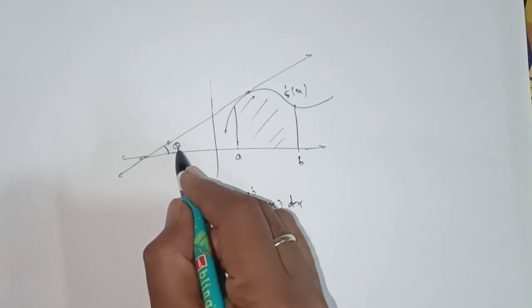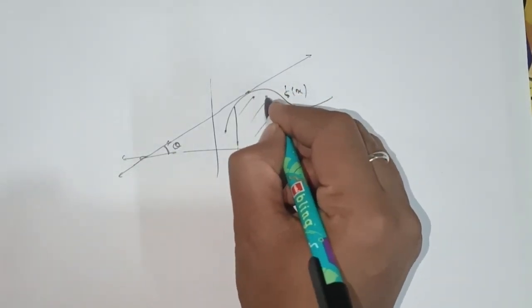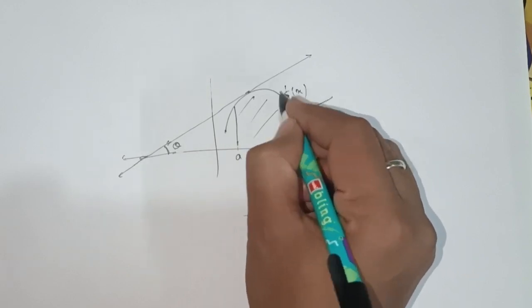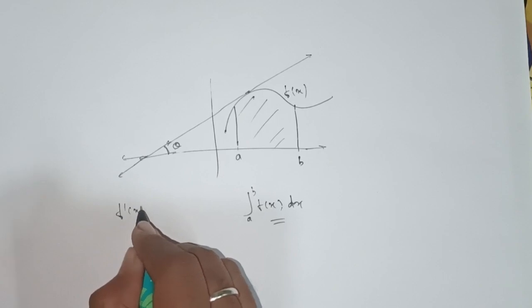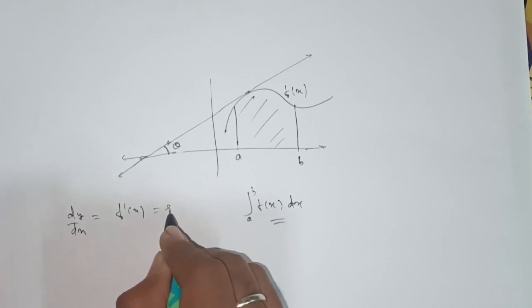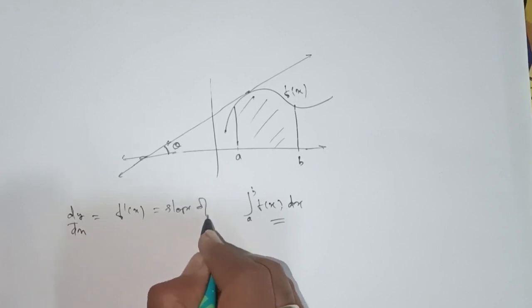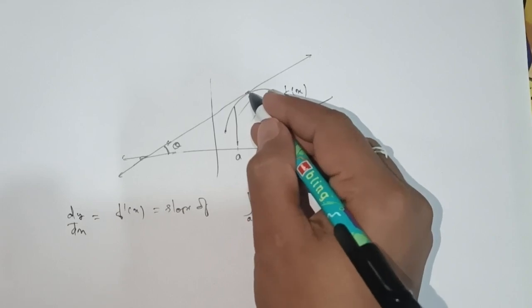To find this, we need to find the derivative, that is a special type of limit, for this f(x). So we need to find dy/dx, which talks about the slope of the tangent at a point.